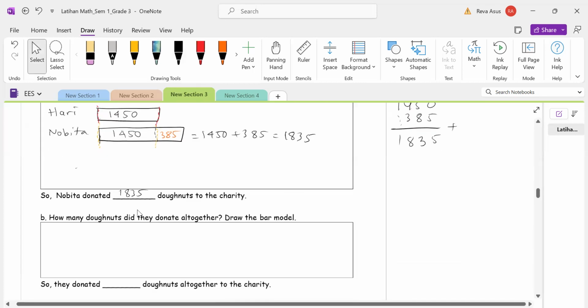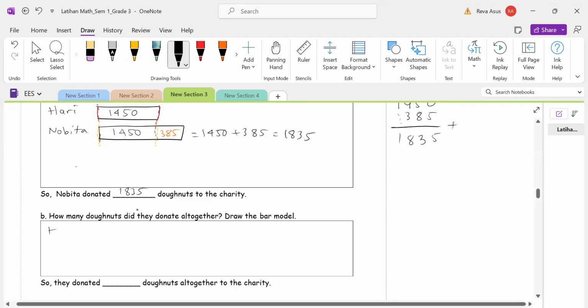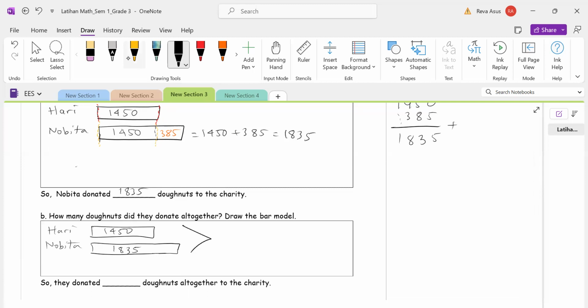And then the next question is, how many donuts did they donate altogether? We know that Hari has 1,450. Nobita has 1,835. So if we combine them, their bar altogether is going to be like this.